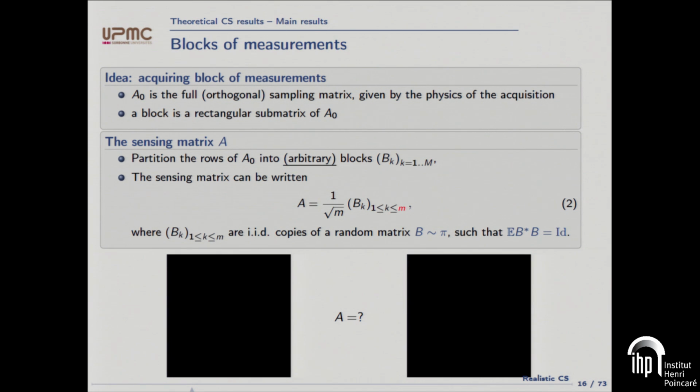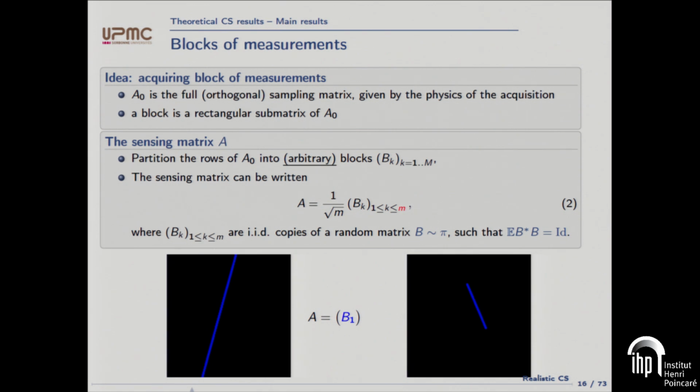So what does it mean? It means that at least in expectation, you're going to be an isometry. Okay? And then you're going to preserve all the information that you got in the input signal. So in practice, a block in your blocks dictionary can correspond to this horizontal line here in blue, and then you pick the corresponding block, okay?